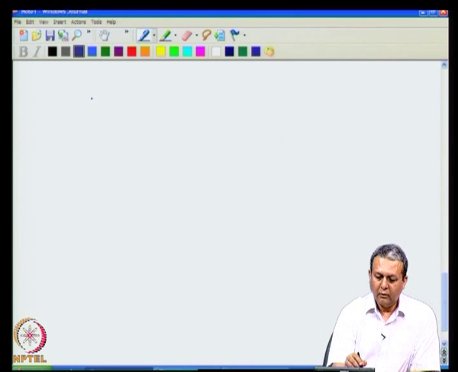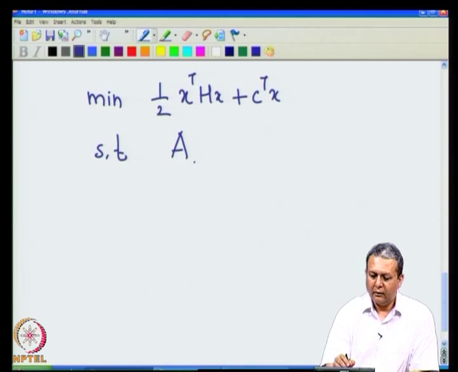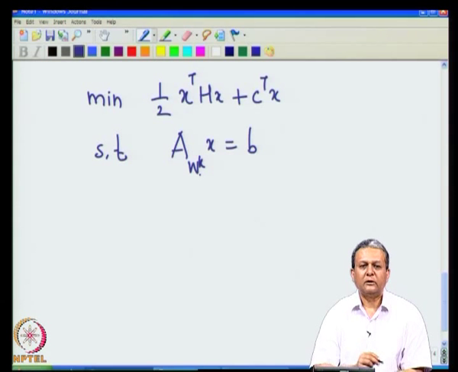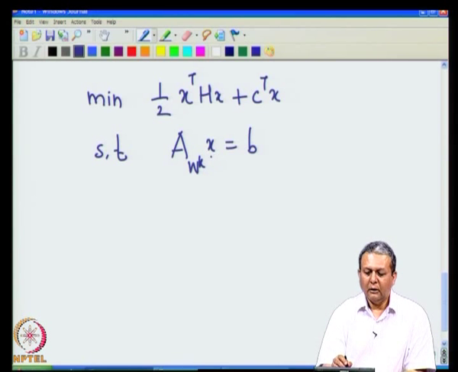So, we have: minimize half of x transpose H x plus c transpose x subject to A_Wk x equal to b, where A_Wk denotes the active constraints associated with the working set Wk. Now, with the current point xk, we are interested in finding the direction d.